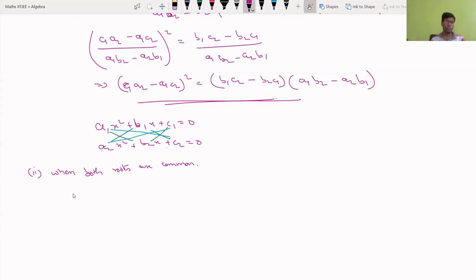If they have both roots common, then the condition is a1 by a2 is equal to b1 by b2 is equal to c1 by c2. Because when we say that both roots are common, that means both quadratic equations are in fact identical. So that's how a1 by a2 is equal to b1 by b2 is equal to c1 by c2. Okay, so let's do a simple question.